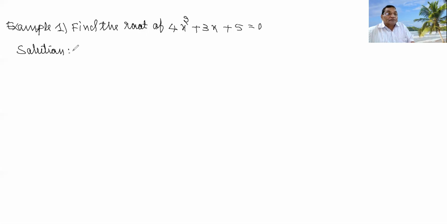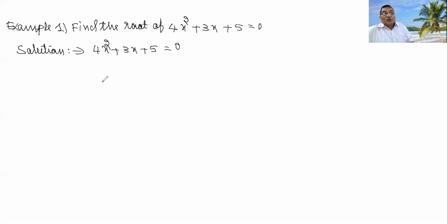Solution. You write the equation in the form of ax square plus bx plus c. Look here, ax square plus bx plus c form, and it is already in standard form. If it is not in standard form, write it in standard form. 4x square plus 3x plus 5 equal to 0.